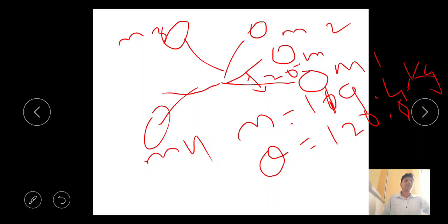So what we are doing here is finding the balanced mass and balanced angle in this problem.